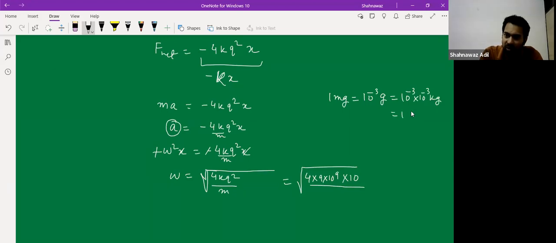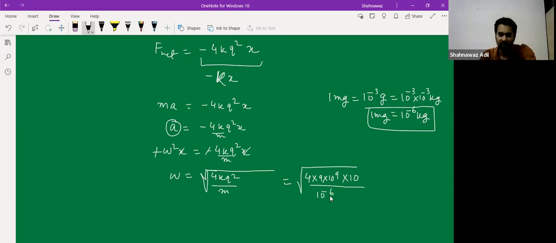So this is 10 to the power minus 6 kg. So this goes and becomes positive. So this is 4 into 9 into 10 to the power 16. 4 into 9 is 2 into 3 into 10 to the power 8. So this is 6 into 10 to the power 8.